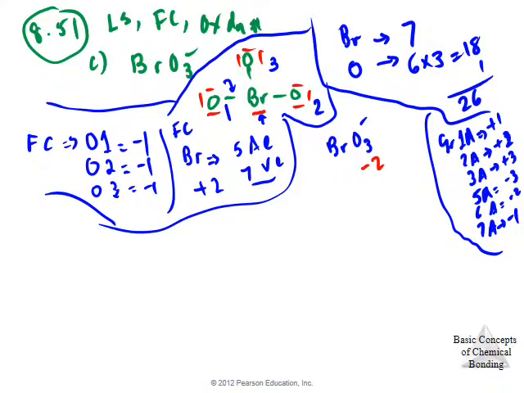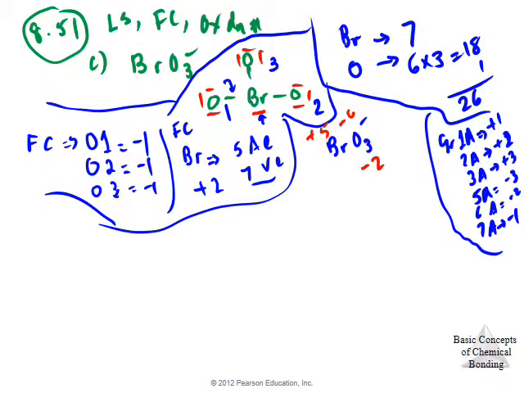So assign negative to the more electronegative element and then calculate the value for the other one. So in this case, Br, we need to calculate. How do we calculate that? I have 3 oxygens. So the total oxidation number for 3 oxygens is -6. I'm writing the total on the top. Br must have +5 because altogether we must account for -1 on the whole molecule. So Br must have +5.